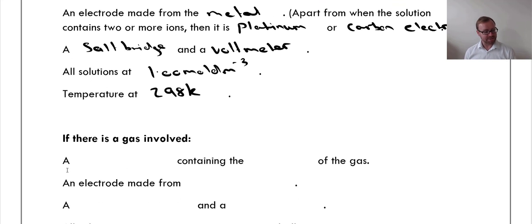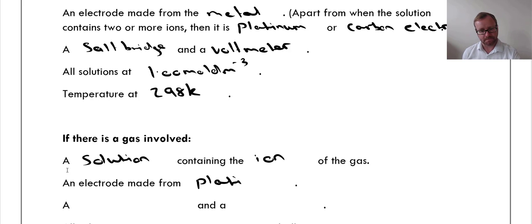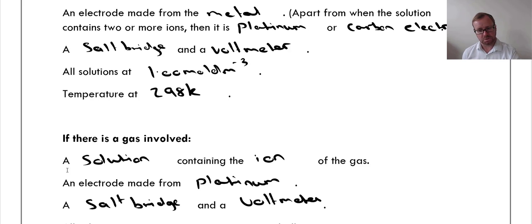Okay, so if there is a gas involved, we would need a solution containing the ion of the gas. So for example, if we had chlorine gas, we would have a solution which contains Cl-, aqueous Cl-. An electrode made from platinum, a salt bridge and a voltmeter.